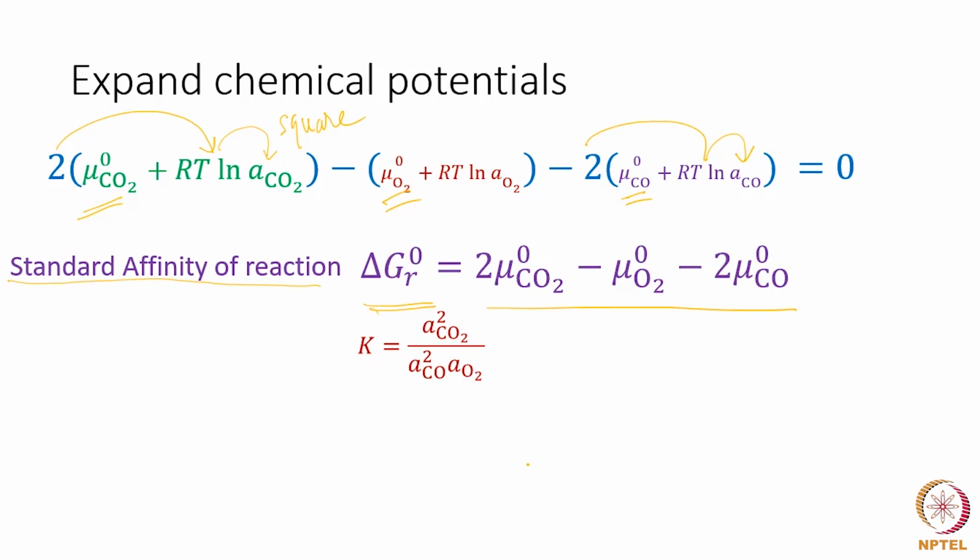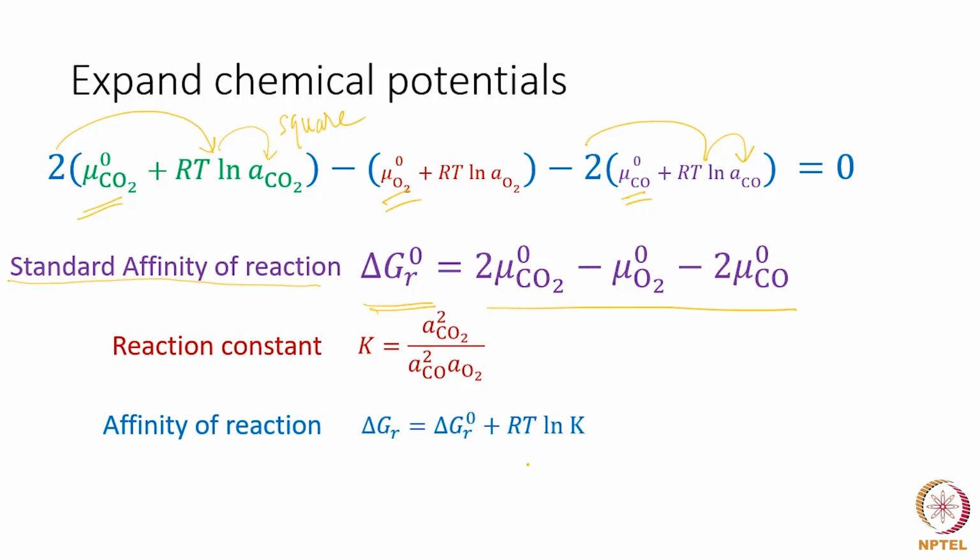We can create a new symbol called K, and that K is called the reaction constant. We can then call the affinity of the reaction by a new symbol delta G R and write it as delta G naught R plus RT ln K. Whenever the affinity of the reaction is 0, that is basically the equilibrium condition.